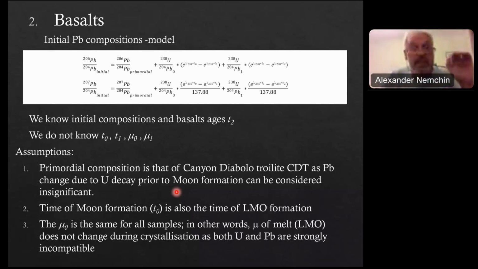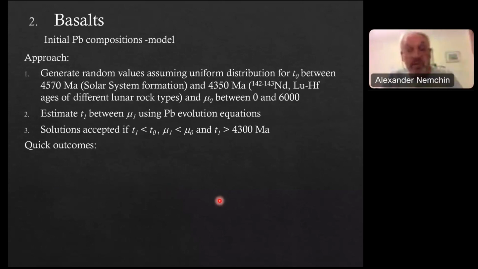This is the idea. And then, with modern computing technology, we can put limits: T0 is probably not going to be older than the formation of the solar system, and it's probably not going to be younger than what neodymium, hafnium, and lead systematics tell us about the crystallization of the lunar magma ocean, 4350, for example.